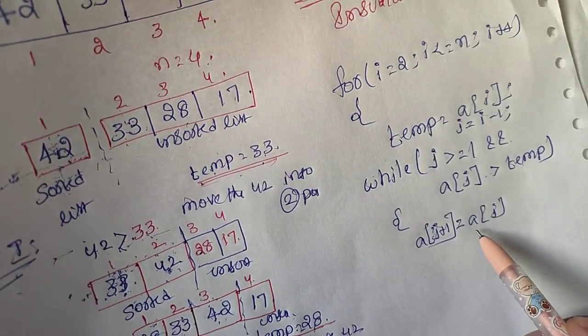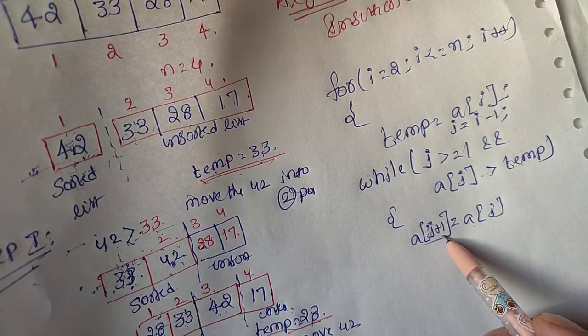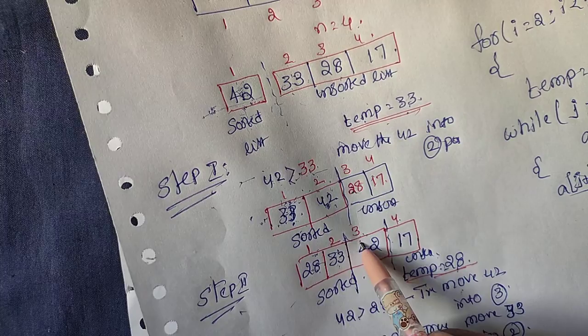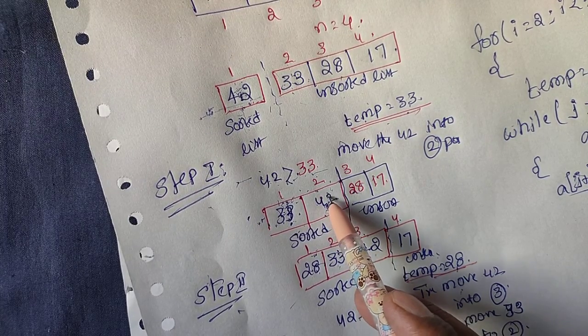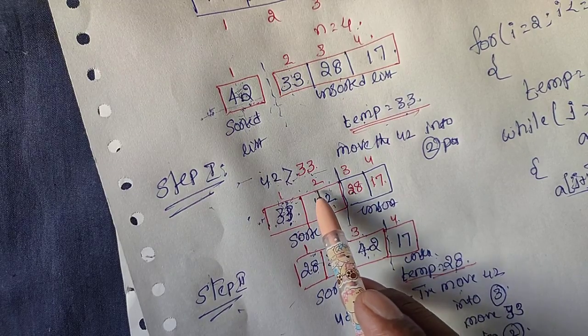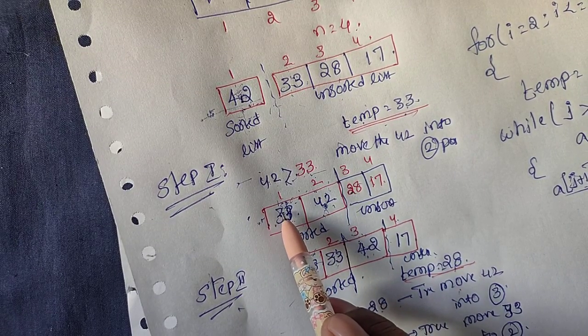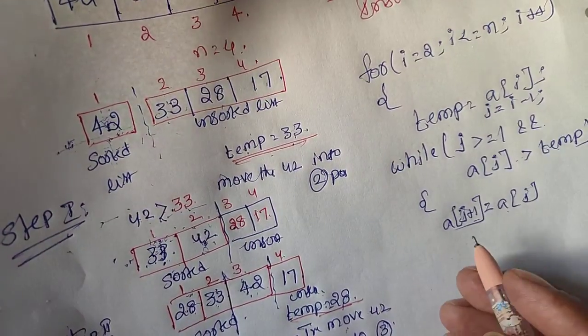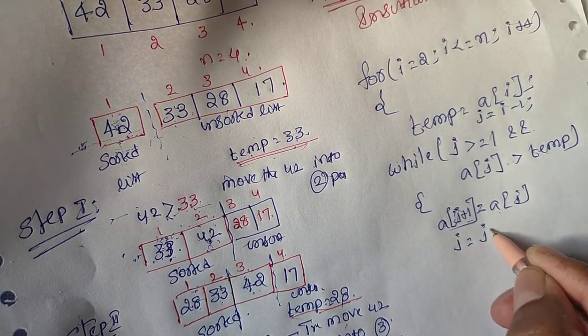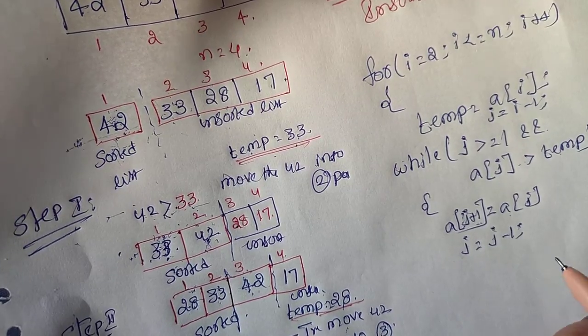If j is equals to 1, that will be stored in the second position value. After that what we will do, after comparison of 42, once again the j value will be decremented by 1. That means j is equals to j minus 1.